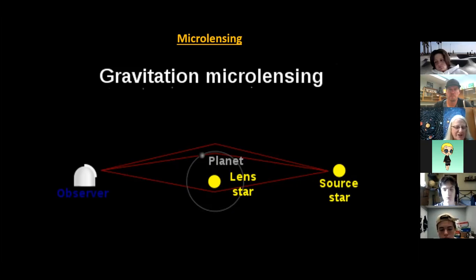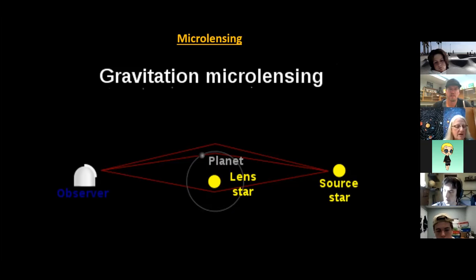This requires highly improbable alignment. So to find any of these, you need to look at a large number of distant stars and monitor them continually. It's most fruitful for finding planets between the Earth and the center of our galaxy, because there are lots and lots of background stars there.